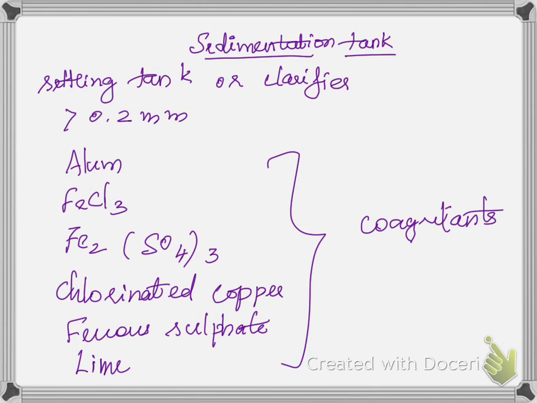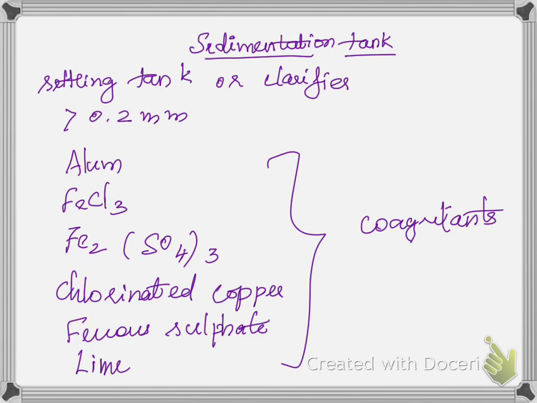To increase the purification efficiency, after primary sedimentation there will be a secondary treatment, either a trickling filter or activated sludge. So initially the wastewater passes through the bar screen and then grit chambers, then comes to the sedimentation tank, where the particles settle down, and to aid the process we add some chemicals or coagulants.